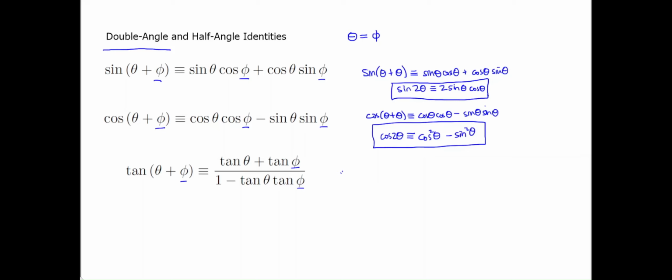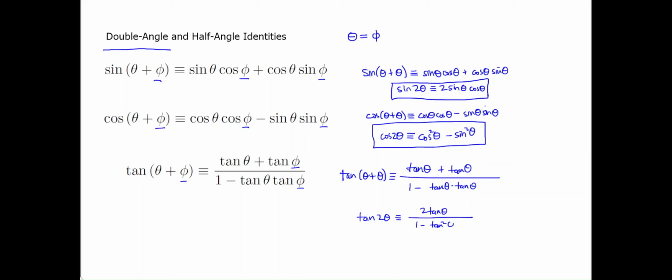Double angle identity. So here we can write tangent theta plus theta identical to tangent theta plus tangent theta over 1 minus tangent theta times tangent theta. And as before, we see that this is tangent 2 theta identical to 2 tangent theta upstairs, and then 1 minus tangent squared theta downstairs.